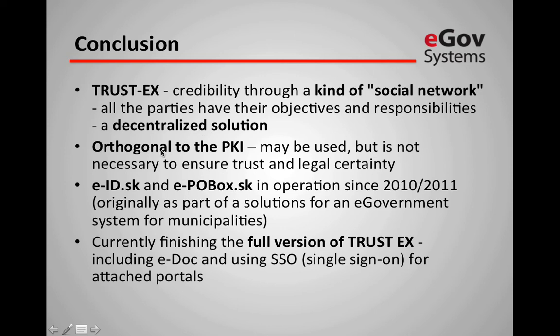It's orthogonal to the public infrastructure. Signatures and encryption may be used, but it's not necessary for working and for the trust which is brought by TRUST-EX. That means it's transparent for normal people.